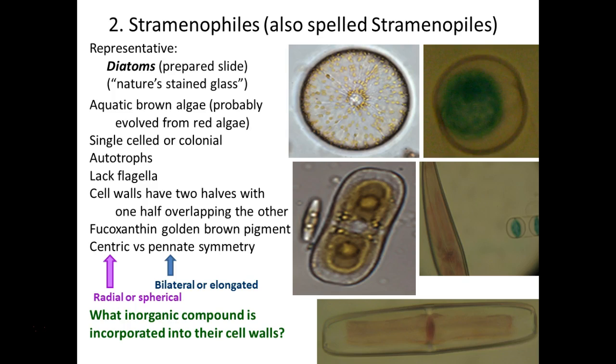Anyone know? Silica, or silicon dioxide. Right. So go ahead and get your mixed diatom slide and see if you can find both pinnate and centric. So circular versus elongated.